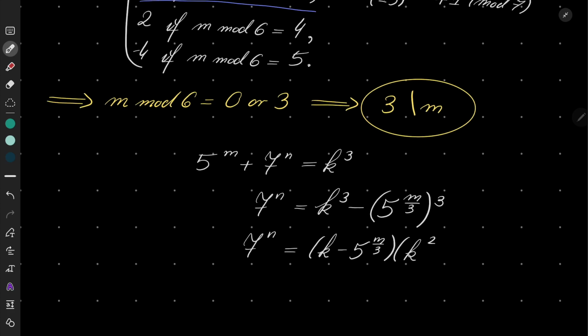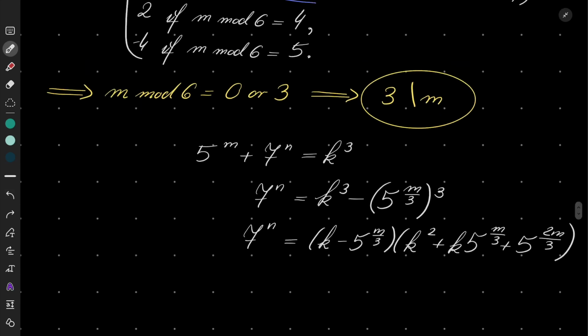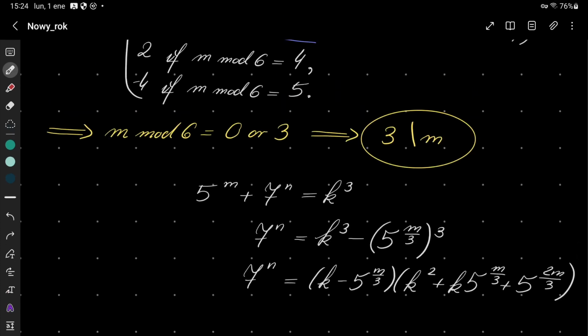So we have the following. Okay. And now, as I suggested, in this type of problems, usually, not always, but sometimes it happens that both of the parentheses cannot be at the same time divisible by 7. And in this case, it will be exactly that.